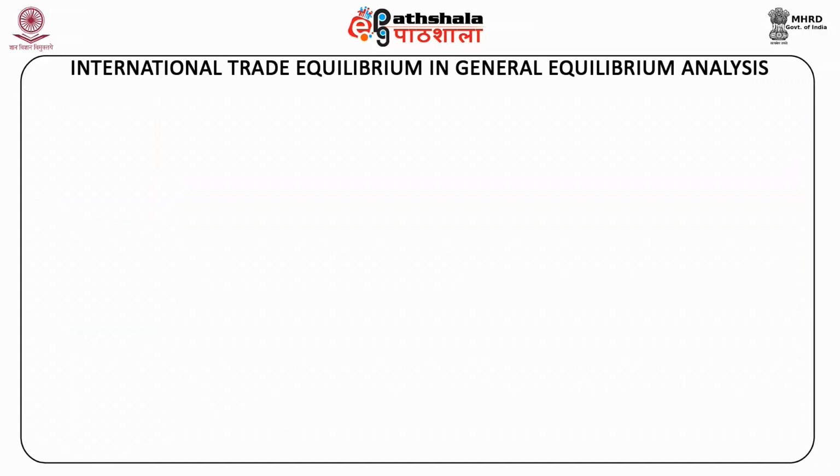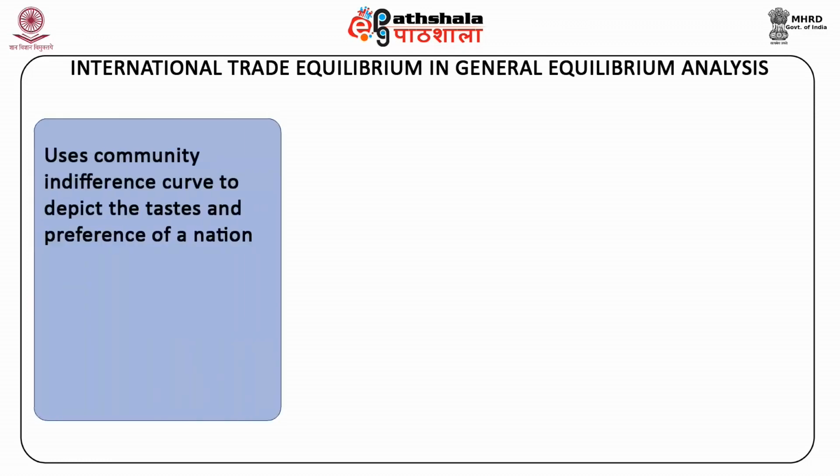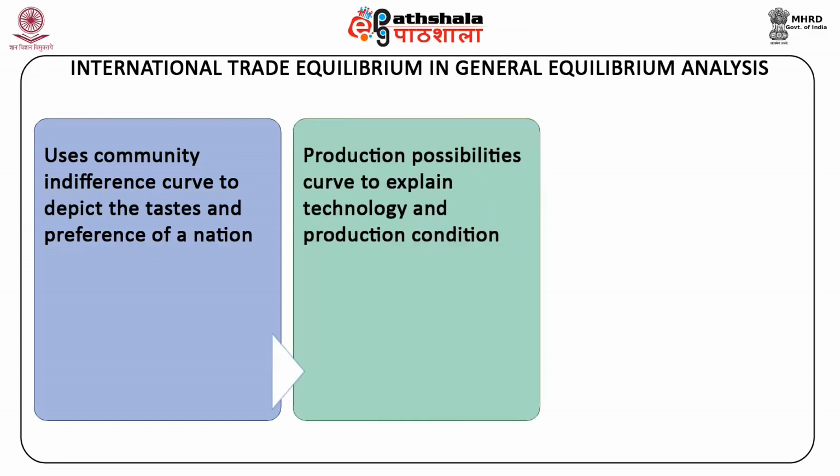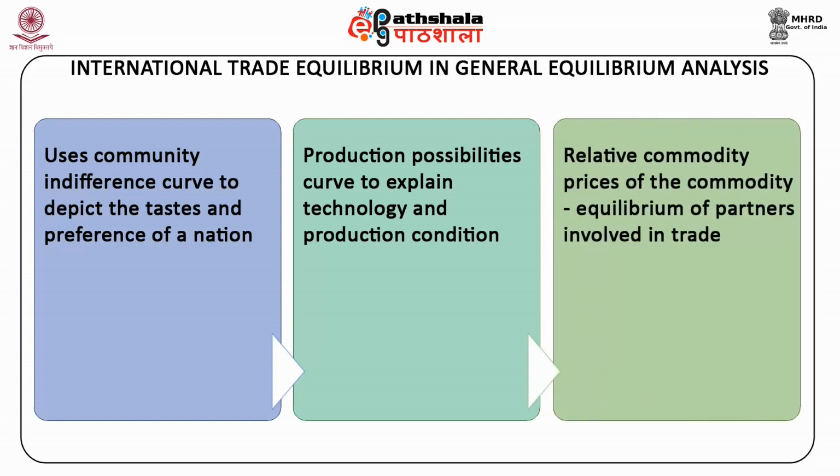The general equilibrium analysis of international trade uses community indifference curve to depict the taste and preference of a nation, production possibilities curve to explain technology and production condition, and relative prices of the commodity to find out the equilibrium of partners involved in trade.